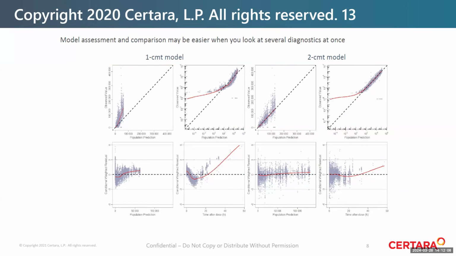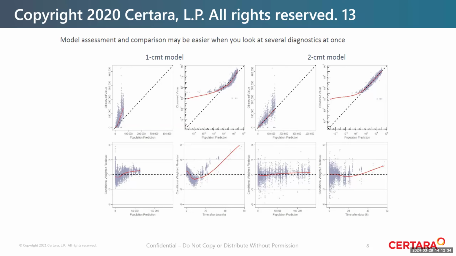And sometimes it's also good to plot goodness of fit plots together, to make the comparisons easy. So this is also an example where they were showing how one compartment model is more biased than a two compartment model.